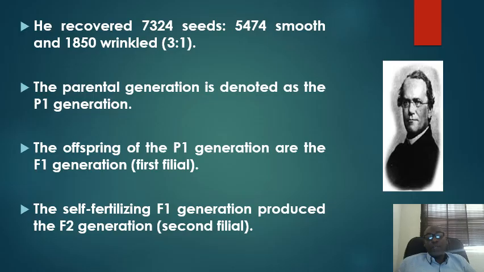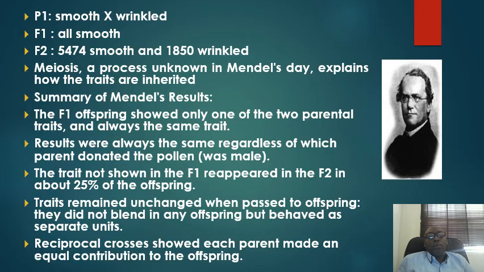After the first filial generation, you have possible gametes, and selfing of those gives the second filial generation. Assuming you have a cross between a smooth and a wrinkled, that's the parental generation. In the F1, all of them will have smooth seeds. And in the F2, you have 5,474 smooth and 1,850 wrinkled, which gives a ratio of 3:1.